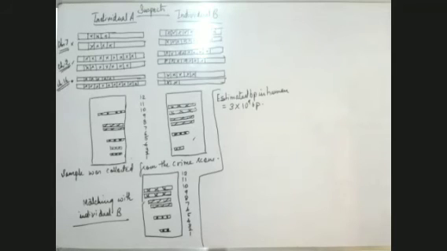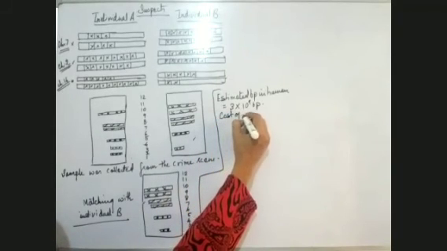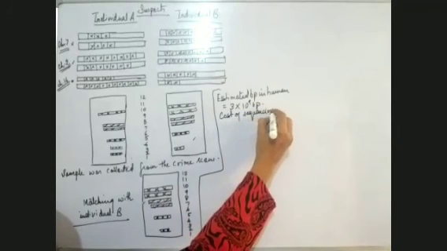Now the cost of sequencing one base pair, cost meaning how much money was spent to find out one base pair.